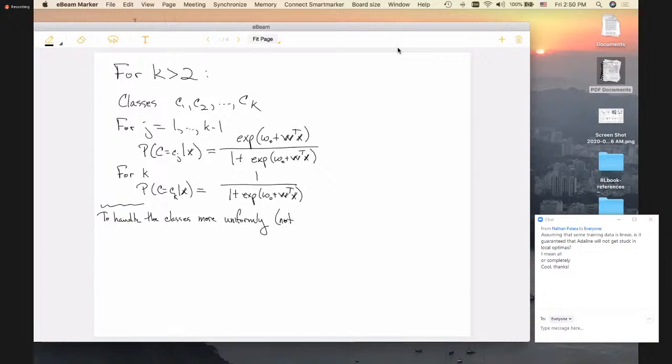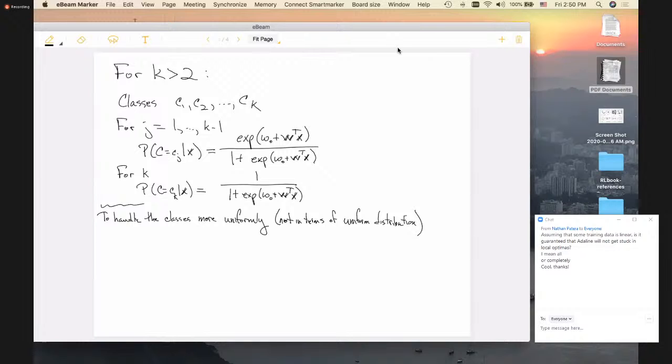So not in terms of uniform distribution. So think of it more as treating the classes in the same way.